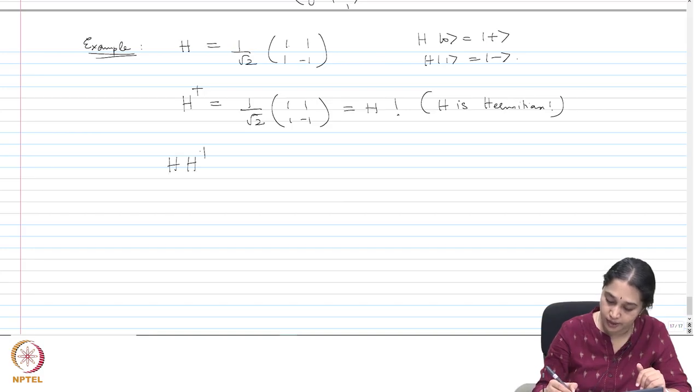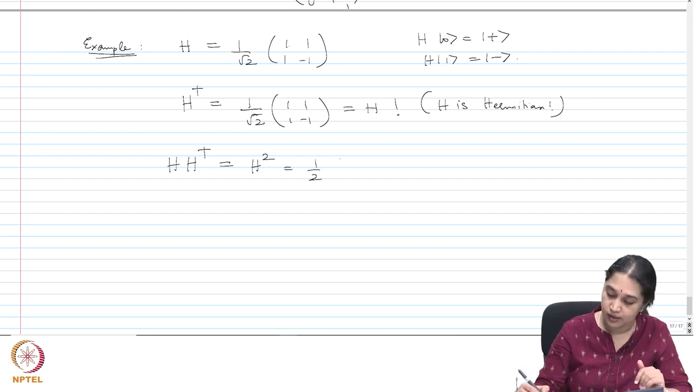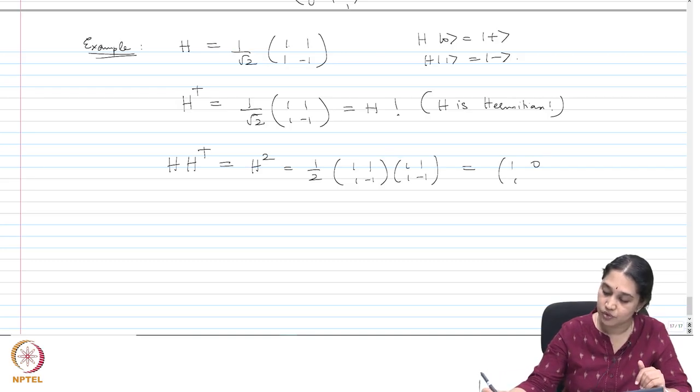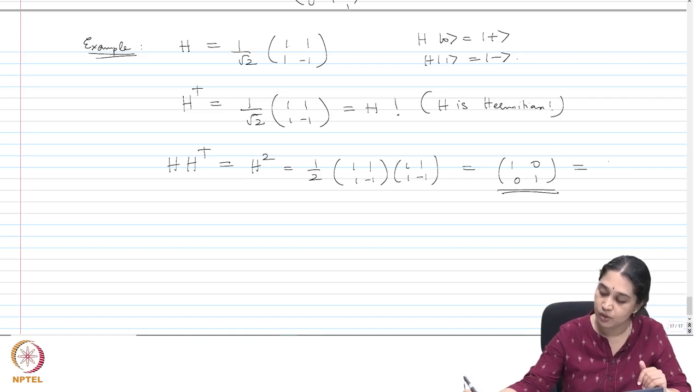Let us multiply H with H dagger. That is the same as H squared because H dagger is the same as H. So that gives us half times this matrix product, and I hope it is easy for you to check that this indeed gives me 1001, which is the 2 cross 2 identity matrix.